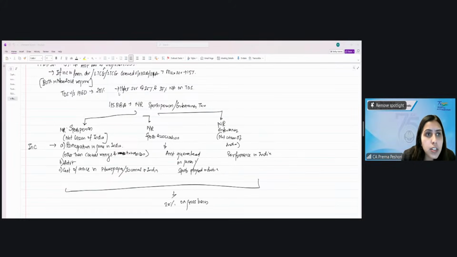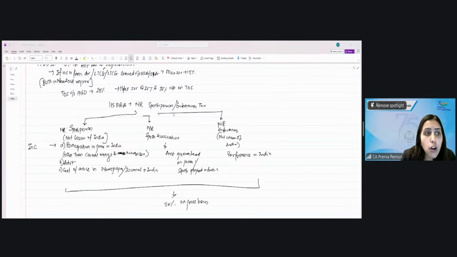And who is a non-resident sportsman? So if he derives the income from the participation in any game in India, other than the crossword puzzles, horse races, he derives the income from the advertisement, or contribution of any game articles or sport articles in the newspaper, magazine or journals. In respect of non-resident sports association, any amount guaranteed on games or sports played in India.